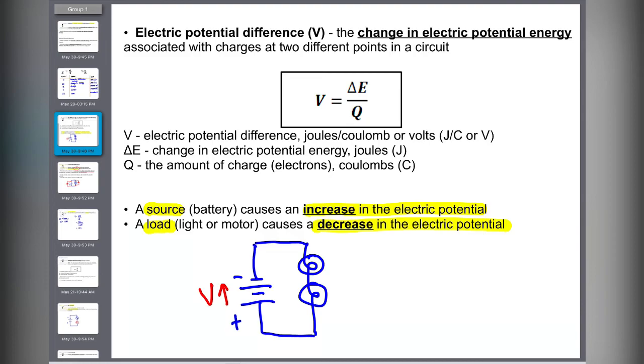And every time at a load, your voltage will decrease. There is a law saying that if an electron leaves from the negative and goes around in a loop, the total potential increases have to equal the total potentials that are dropping.